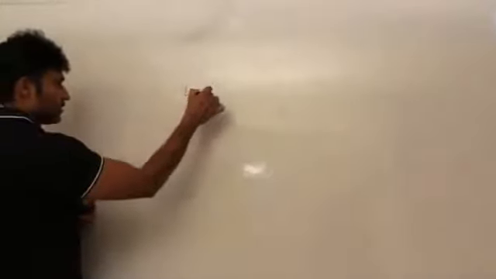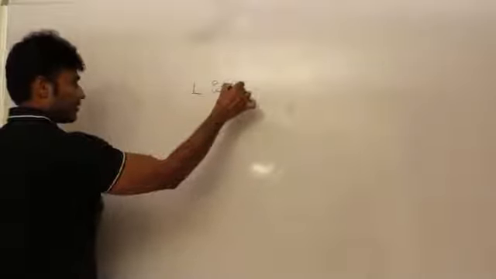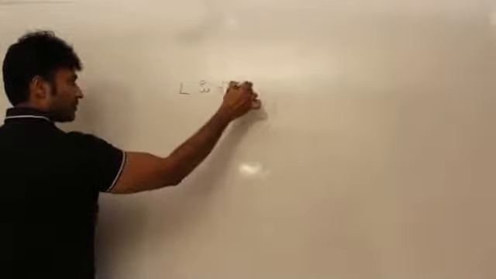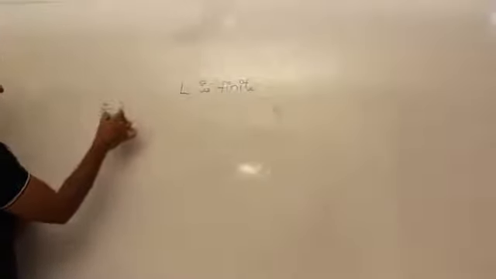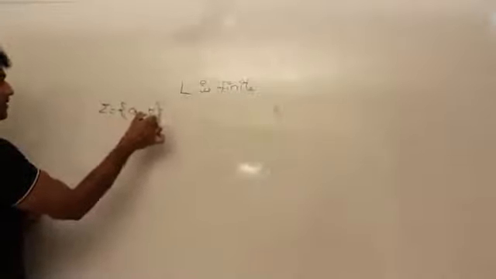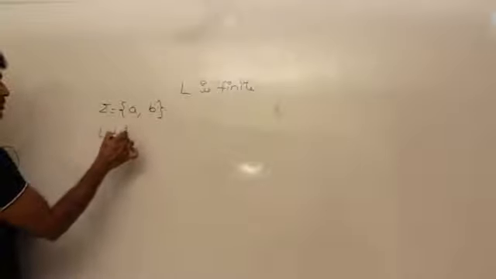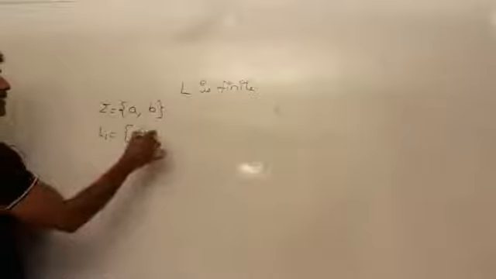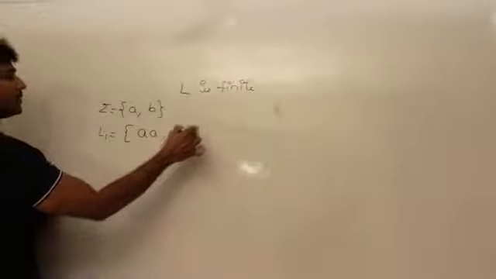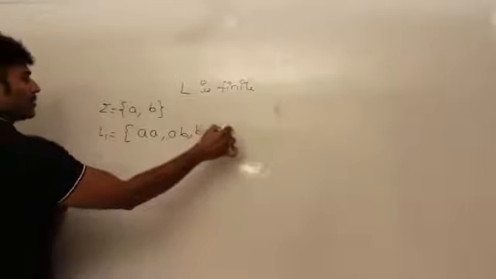So now the entire thing is going to boil down to this: if L is finite, let us say, for example, sigma equals {a, b}, and L1 is the set of all strings of length 2: AA, AB, BA, BB.